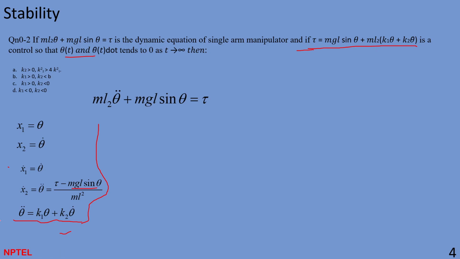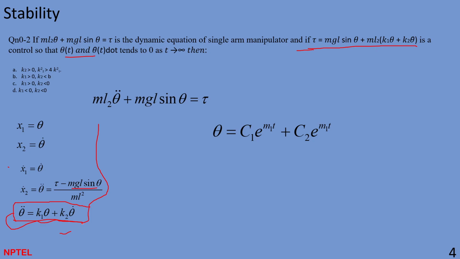So here you see there is only a second order linear differential equation. You can easily solve this equation. I think you have already solved this kind of problem in your mathematics in your first year.